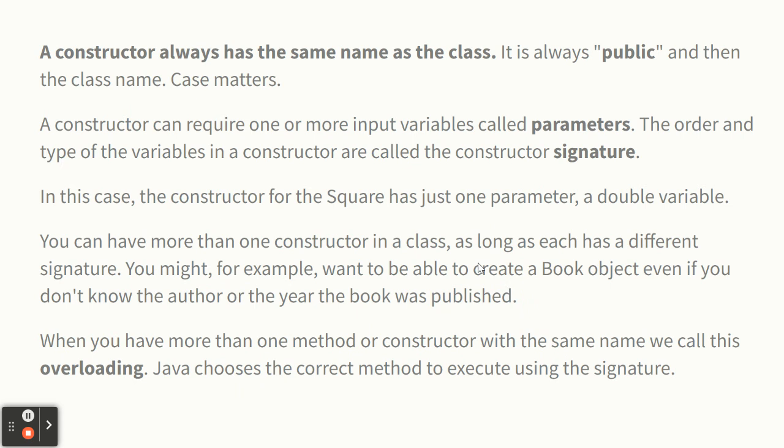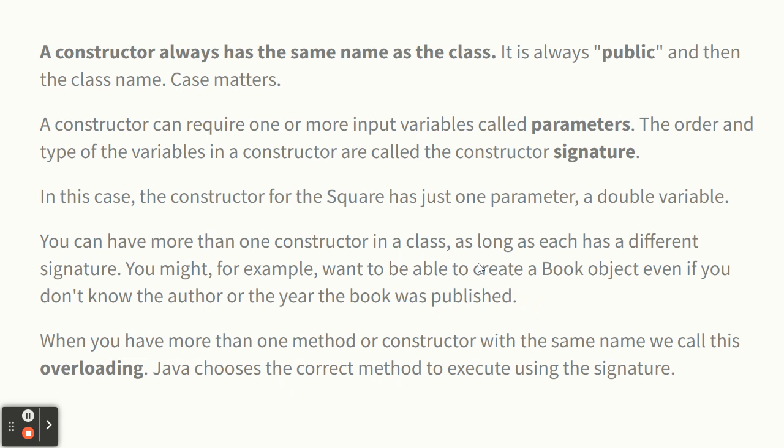But in some classes, you'll end up with more than one constructor, and they might have different signatures. For example, here's a book. You might want to be able to create a book object even if you don't know the author or the year it was published. So you might have one constructor that just takes the title, another that takes the title and the author, and another that takes the title, the author, and the year published.